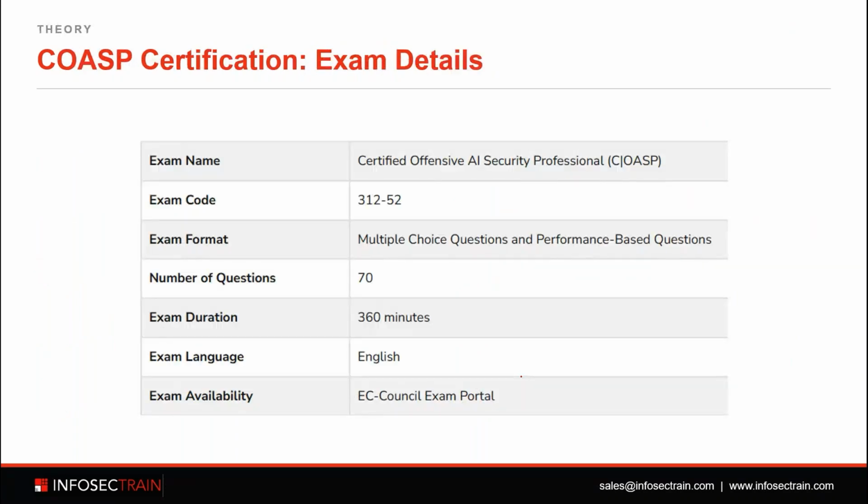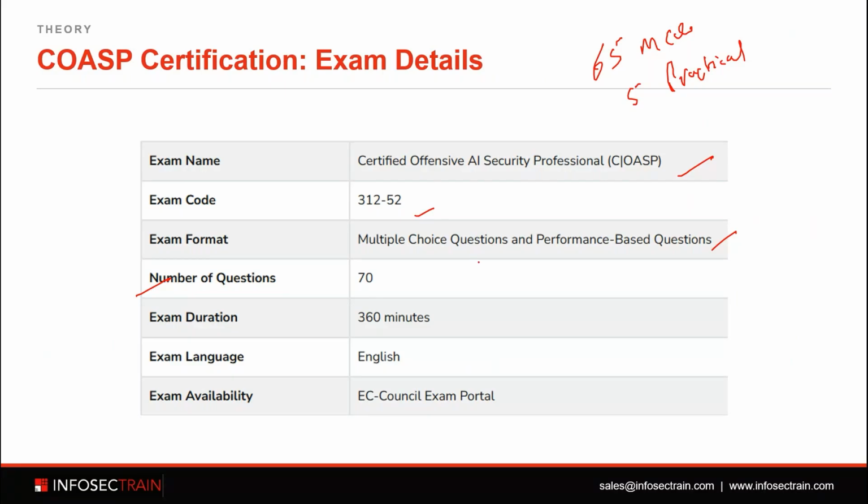And for the COASP, the exam name is Certified Offensive AI Security Professional, exam code 312-52. There will be multiple choice questions and performance-based questions. Performance-based question means practical question. So total number of questions will be 70, out of which 65 are MCQs and 5 are practical questions.